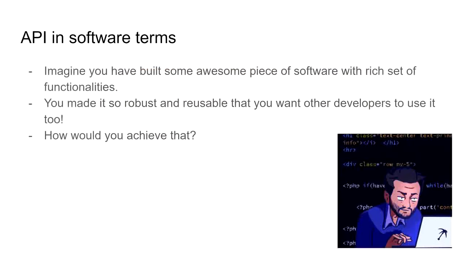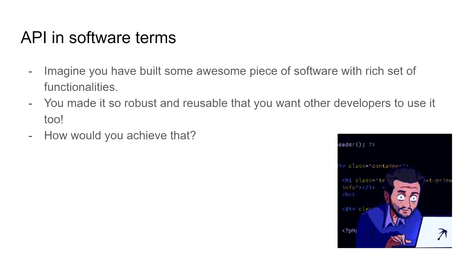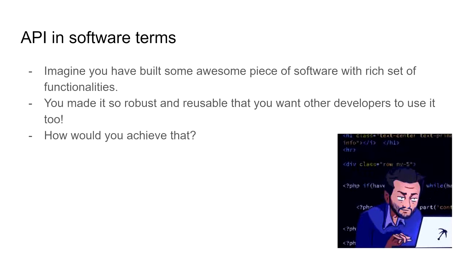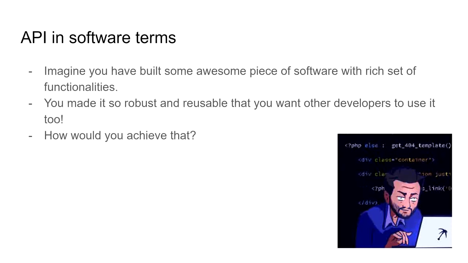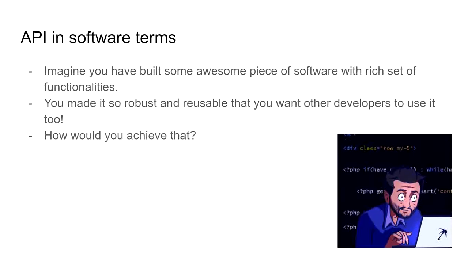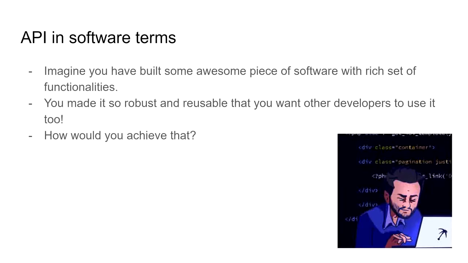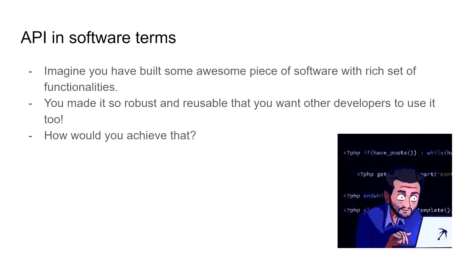All right. So basically, if we want to understand API in software terms, then imagine that you have an awesome piece of software with a rich set of functionalities that you have made. You have worked very hard, you made it robust, reusable, so that other developers could also use it, right?